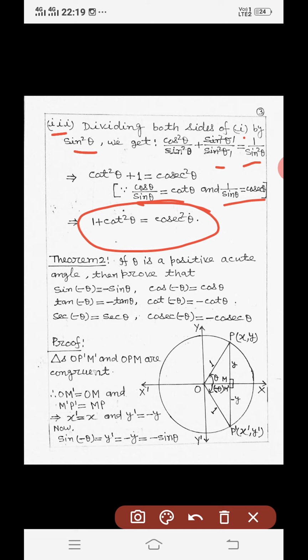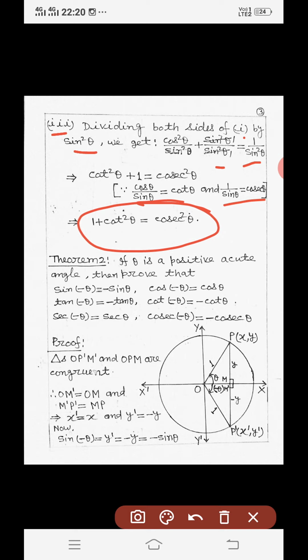Therefore, tan square theta is equal to sec square theta minus 1 and sec square theta minus tan square theta equal to 1. Similarly, 1 plus cot square theta equal to cosec square theta. Therefore, cot square theta is equal to cosec square theta minus 1 and cosec square theta minus cot square theta equal to 1.